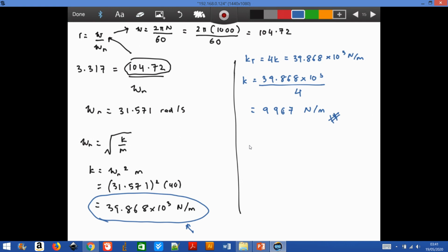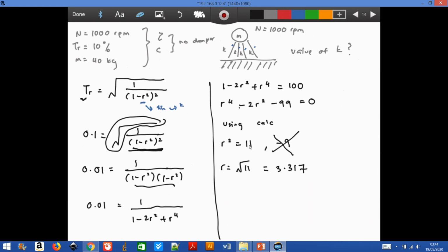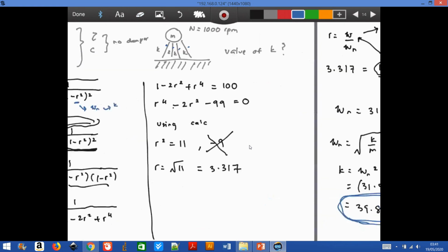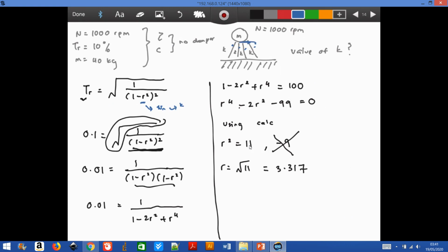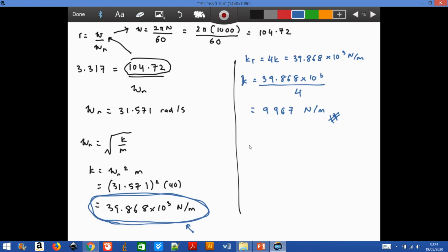Again, what I would stress is that this is the 4 supports we have for the motor, here we have 4K. So in order to identify a single K, you need to divide by 4, and you will get this answer.